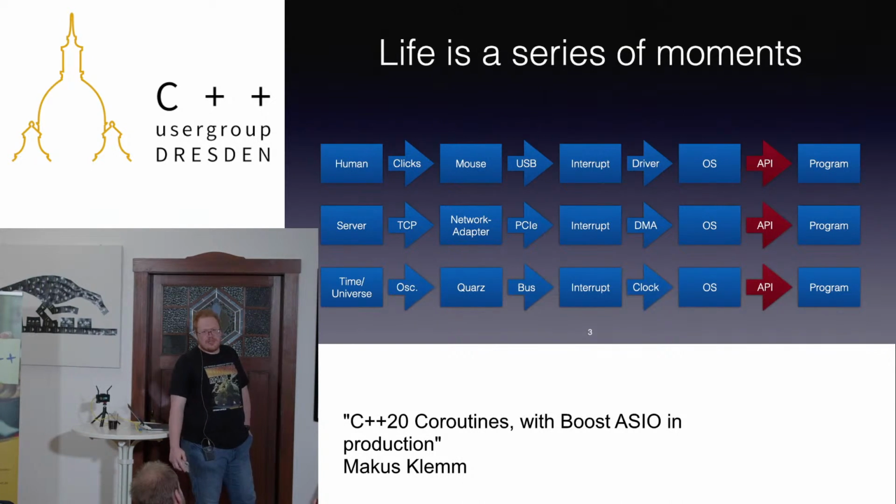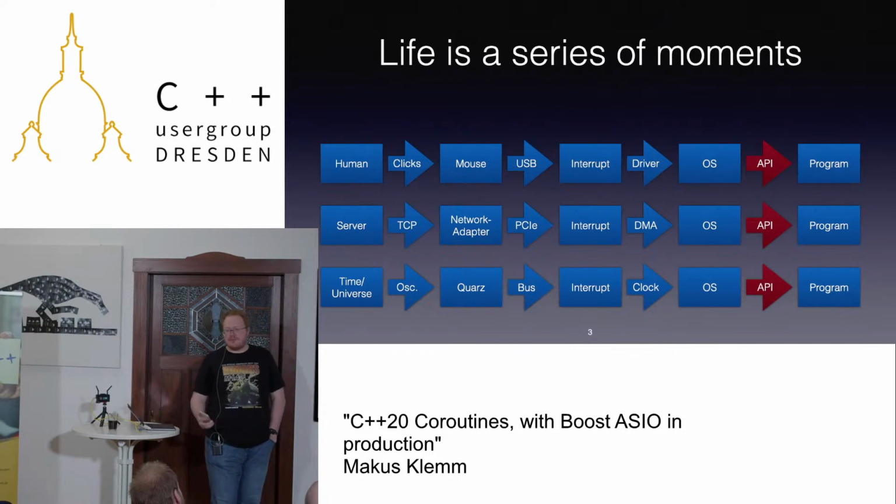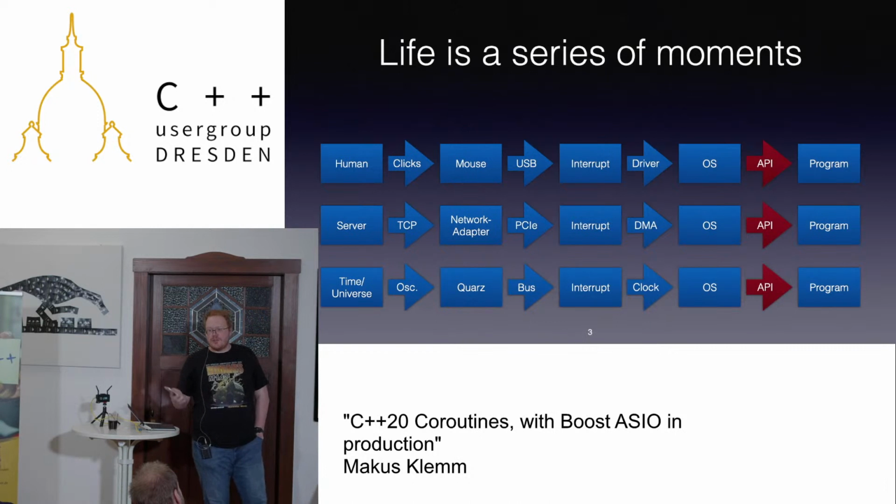Like if a human clicks on the mouse, it actually translates to an interrupt, and in the end, we have an event in our program. It's the same for network programming. Usually you're waiting to receive something, or you're waiting that you have sent your packet on the line and you have a serialization time.